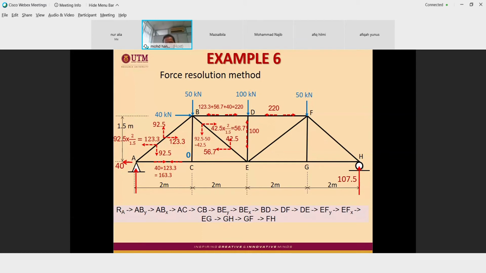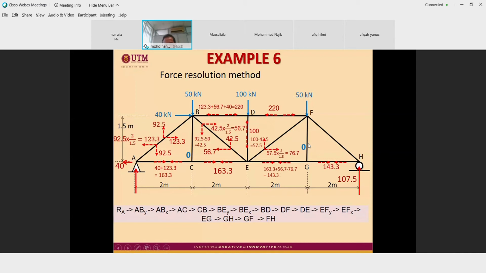I don't have to show you one by one, I just show you the steps now. 100, and then go to EF and the horizontal component of EF. Then you can go to EG, then GH, then GF equal to 0. This is the same condition as BC.